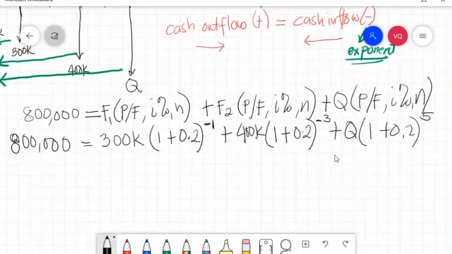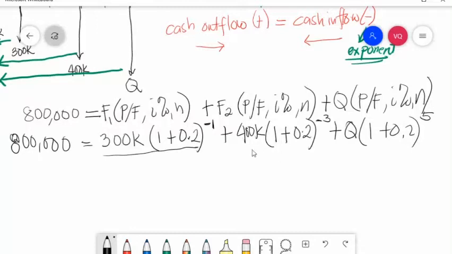Simplifying this equation, transfer 300K to the other side of the equation.